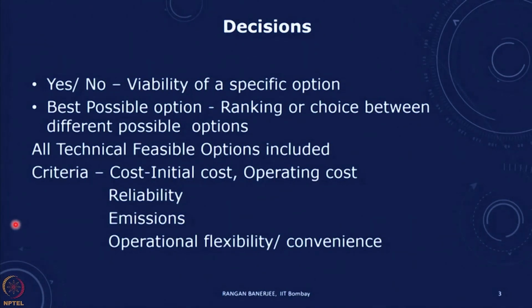So, we may decide, should we have a waste heat recovery system where we recover the energy from that boiler. We have a pump where we are looking at pumping water. Should we have a controller or a variable speed drive? So, it is a yes no kind of decision. A particular option, whether we should go for it or not go for it.